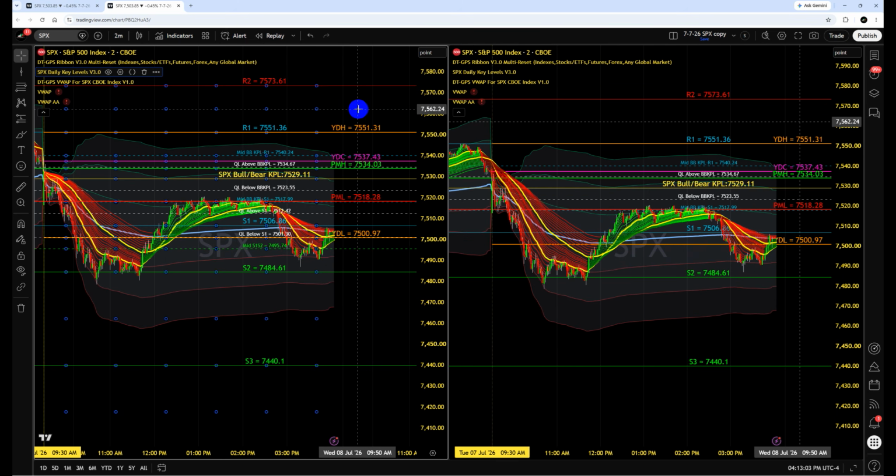Again, there's lots of other features built into this SPX Daily Key Levels V3.0 indicator, including automated market scenario analysis that occurs at the 9:30 a.m. open. We're not going to take a look at that today.